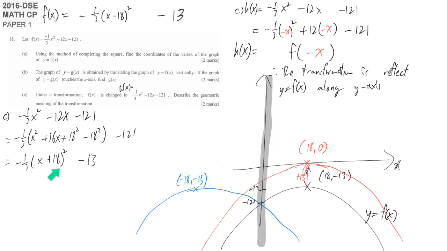And then after completing the square, we find out this. Compare with f(x). Compare with here, we find that the key point is what input.